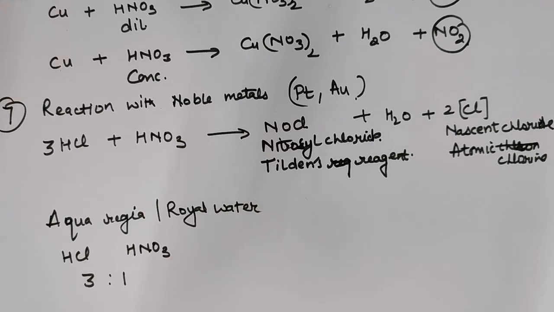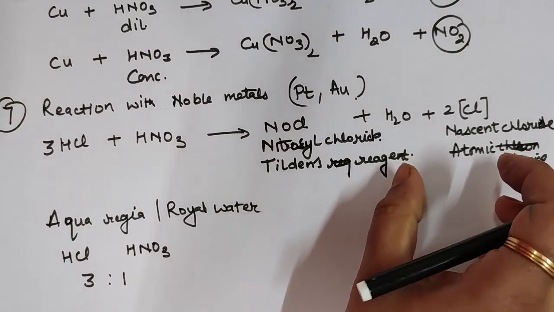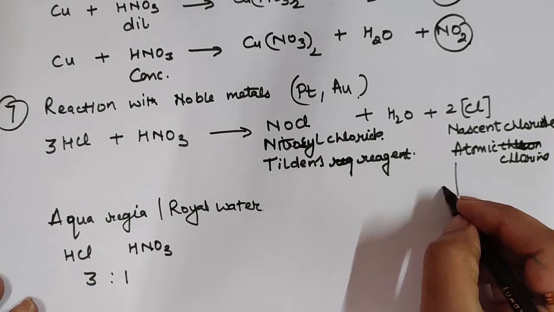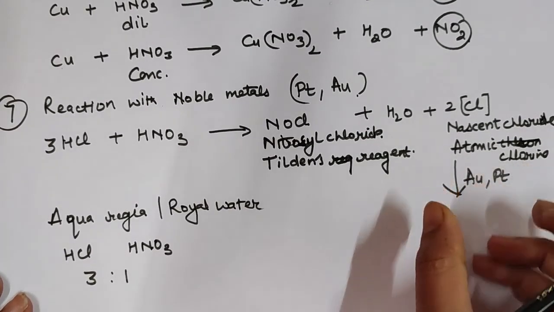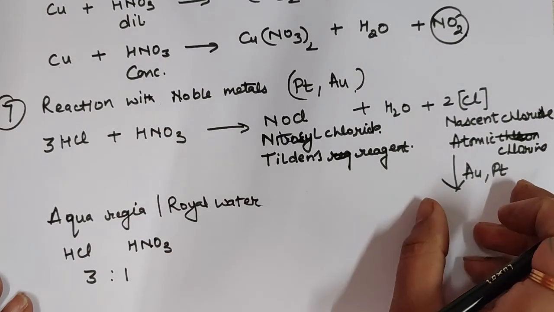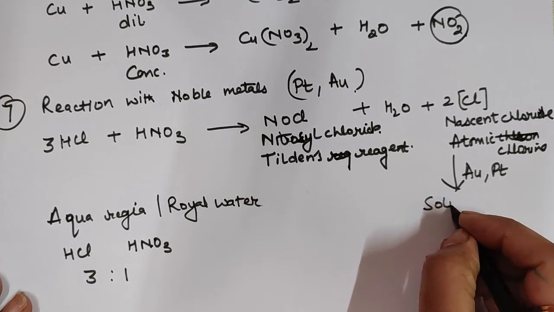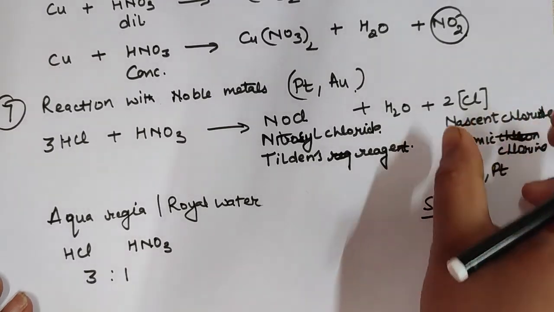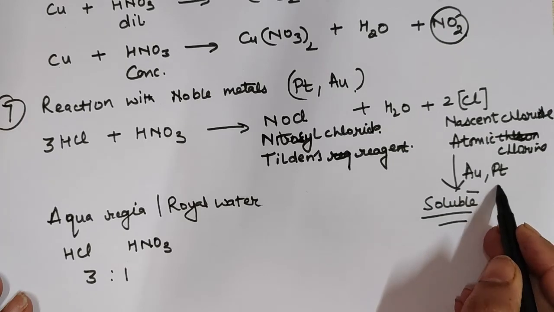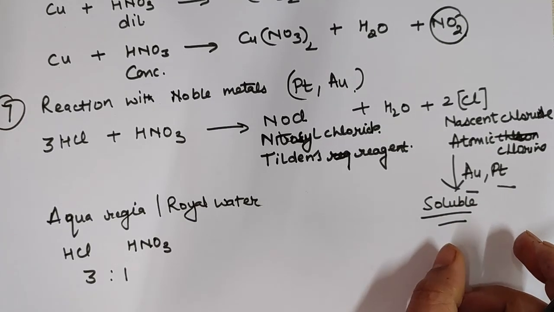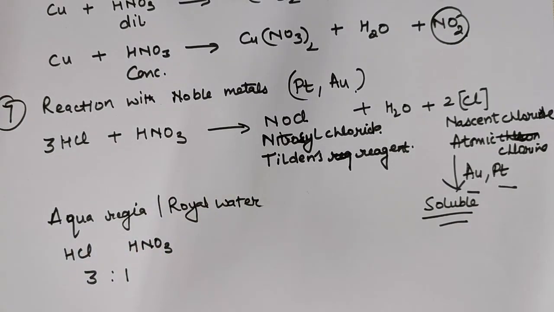This nascent chlorine is quite reactive, and it will react with gold or platinum and dissolve them. That means it makes them soluble. So this is the reaction with noble metals. Then is reaction with organic compounds, which we will do in the next video.